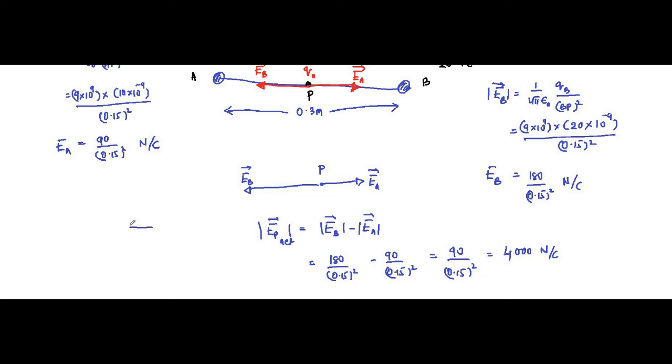EB minus EA, it will be in the direction of this.